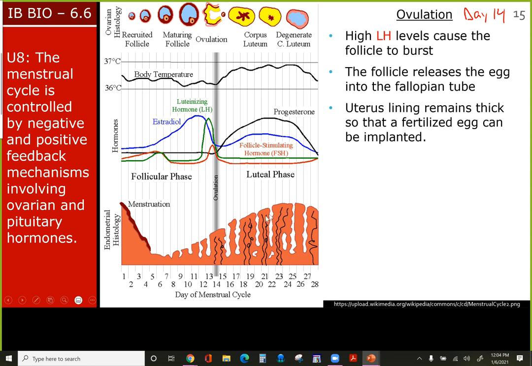And that uterine lining is maintained in preparation for an incoming fertilized egg.